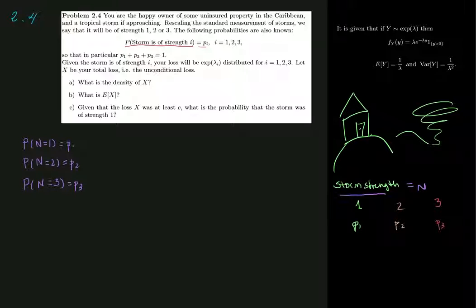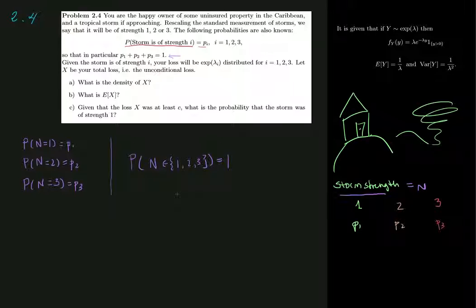And in particular, the 3 probabilities add up to 1, which means the sample space of N is 1, 2, and 3. So the probability that N belongs to the set {1, 2, 3} is in total equal to 1.